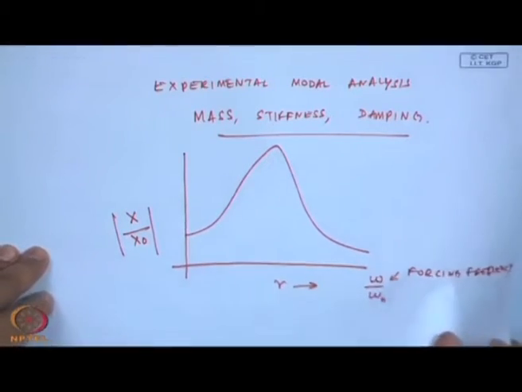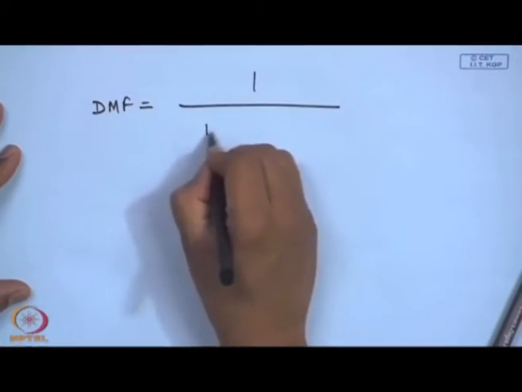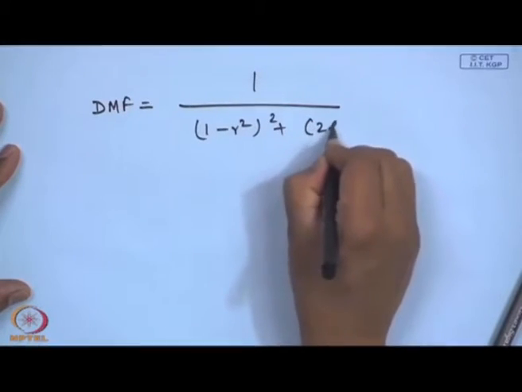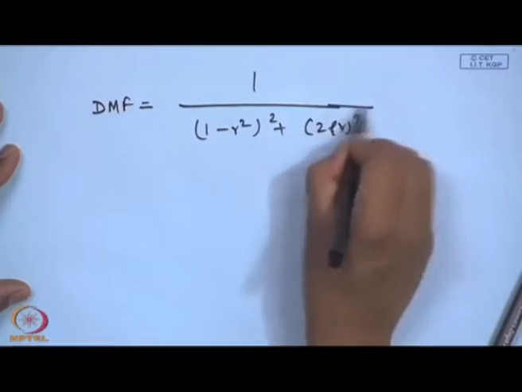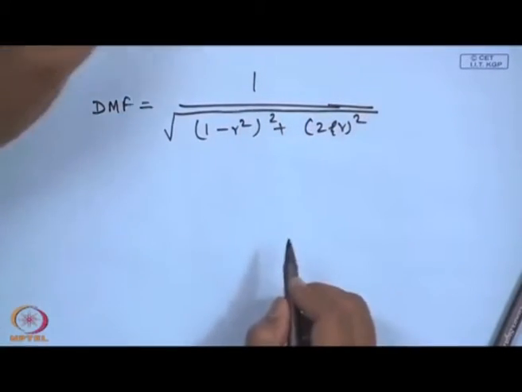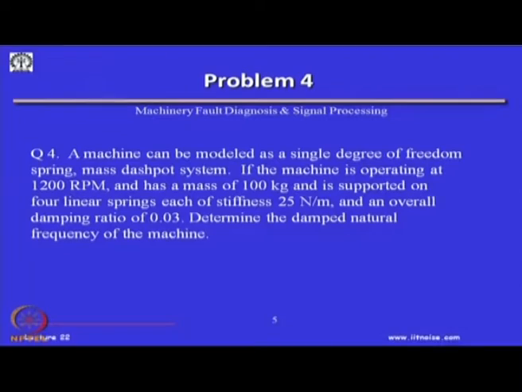So, the dynamic magnification factor is always given by 1 by root of (1 minus r square) whole square plus (twice zeta r) square, where zeta is the damping ratio. In this case, zeta was given as 0.03.